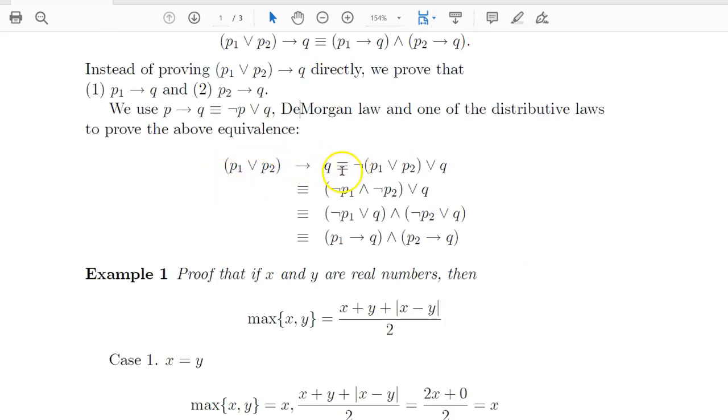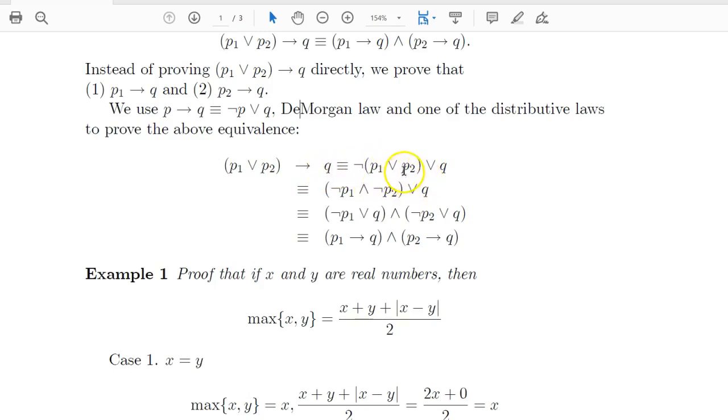This equivalence, if P1 or P2 then Q, is equivalent to the negation of (P1 or P2), or Q.